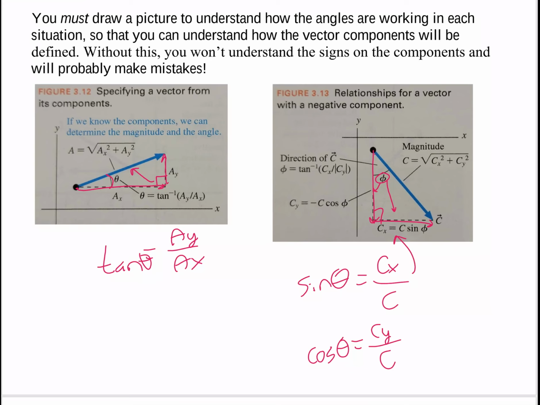Now when I solve for c sub y, I get what they have written right here. But we have to remember the orientation of our coordinate system. This vector is pointed down, which is against the positive, so that means we have to say it's a negative component. So you always have to keep in mind, what direction is this vector going? I have to make it negative, because the math isn't going to do that for you.